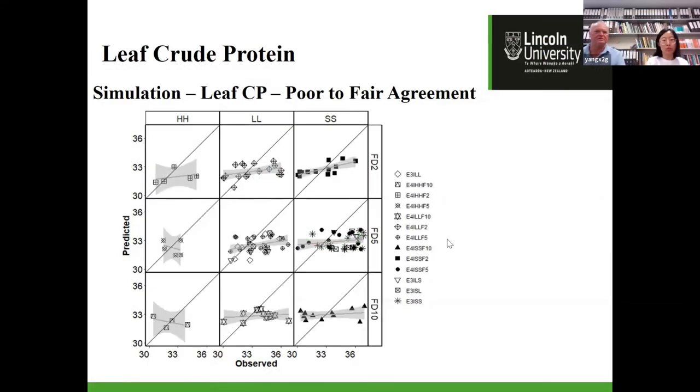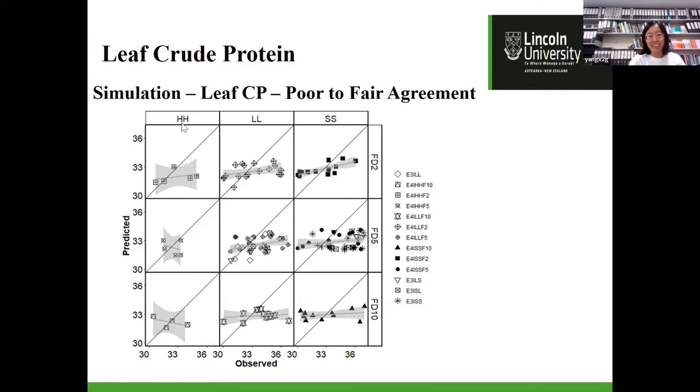So we move on to leaf crude protein. Since we simulate leaf nitrogen concentration, multiplying by 6.25 will give you leaf and stem crude protein. So here the simulation results are very similar to the leaf nitrogen concentration simulation results.